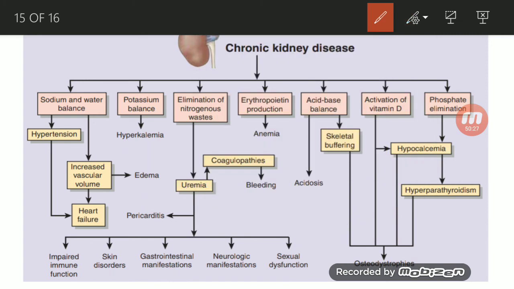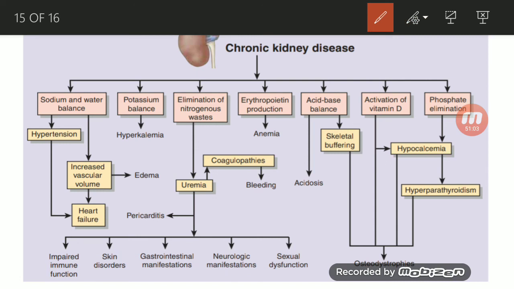Kidney is responsible for producing erythropoietin. In case of chronic diseases, you lose the ability of your kidney to produce erythropoietin, due to which you get anemia as well. In case of acid base balance, normally your H plus ions are eliminated from your body through urine, and in this case, since there is decreased elimination of hydrogen ions, there is going to be acidosis occurring.